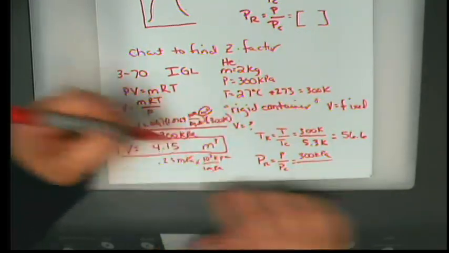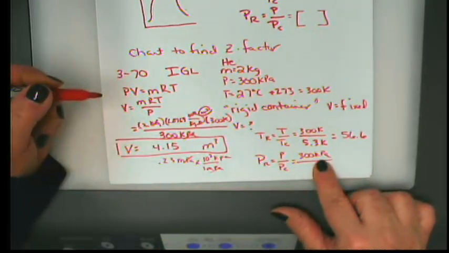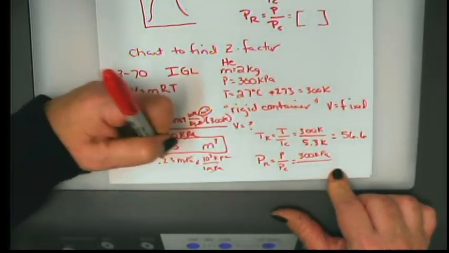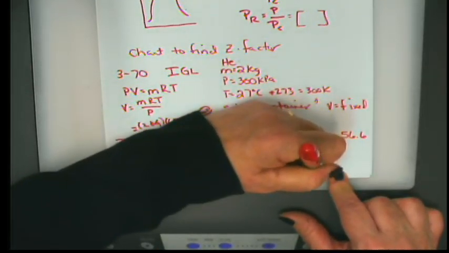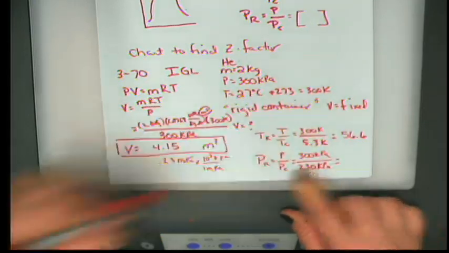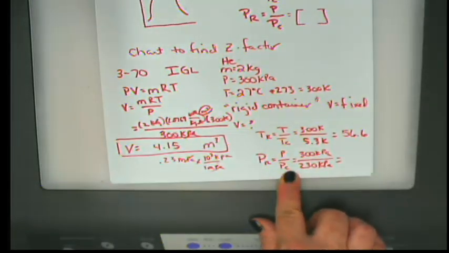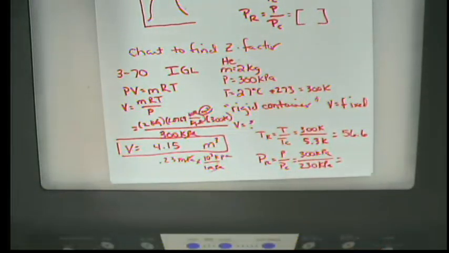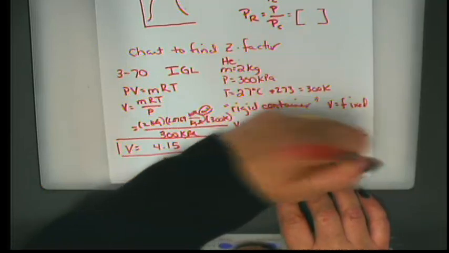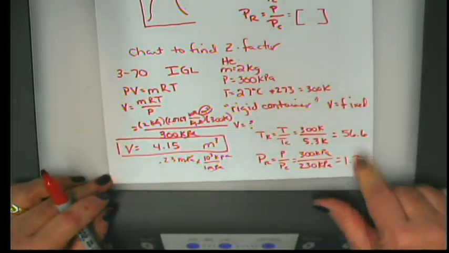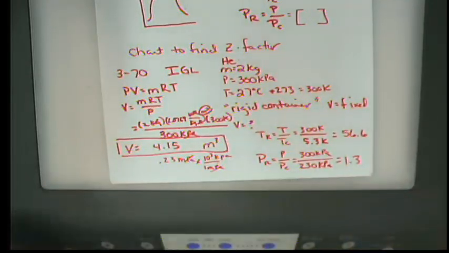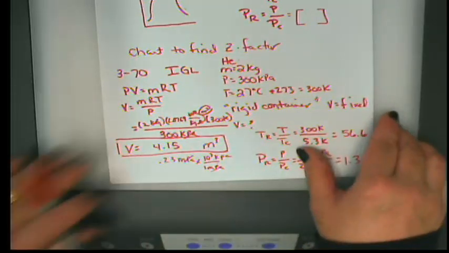So in other words, to get my units in kPa, this would be multiplied by 10 to the third, so it's 230 kPa. So that means that my reduced pressure is just over 1. It's a value of 300 divided by 230, and so my reduced pressure is 1.3. Now notice, these are dimensionless, right? I made sure that all my units canceled out. Reduced properties have to be dimensionless.